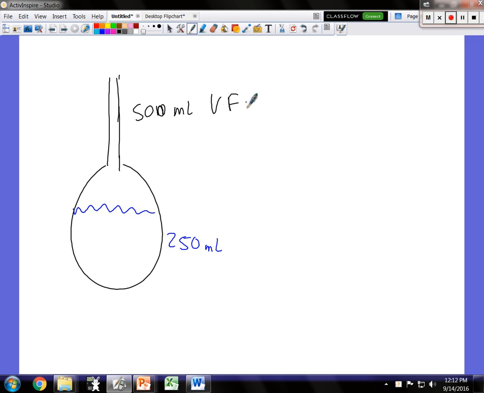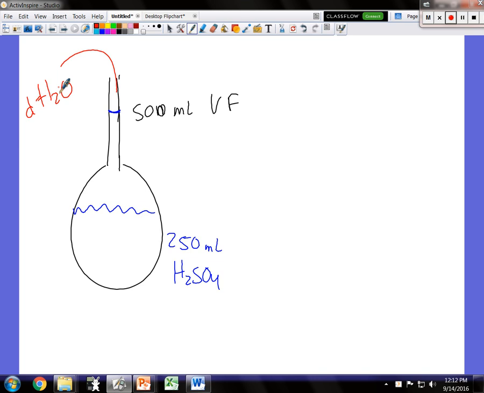Alright, so let's pretend that we have 250 milliliters of H2SO4. That's the only thing in this flask, and it's a 500 milliliter volumetric flask. So here's your 500 milliliter mark. If I take DI water and begin to pour it in there, do you agree there's a lot of acid in here?